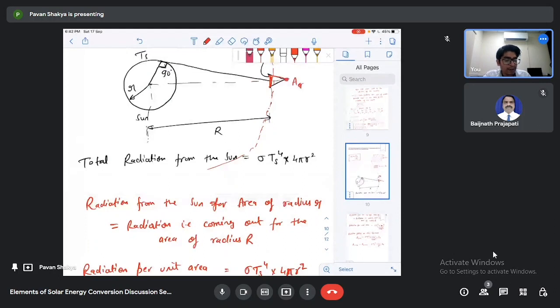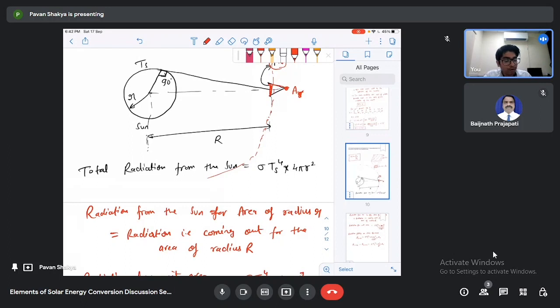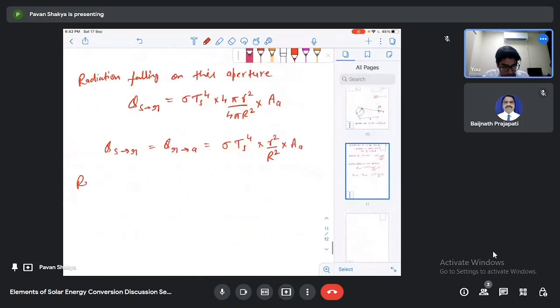Let me say its area is AR. So the radiation from the receiver, that is Q, is equal to sigma T of receiver to the power 4 multiplied by the area of this receiver.